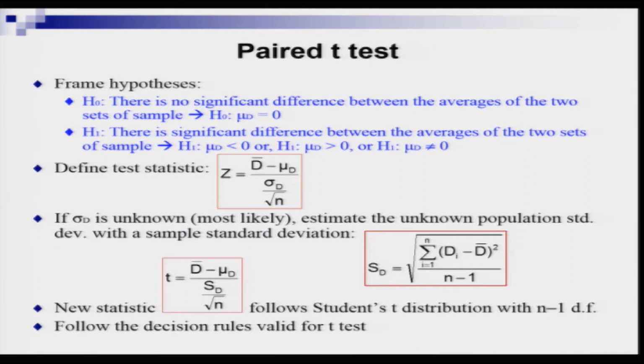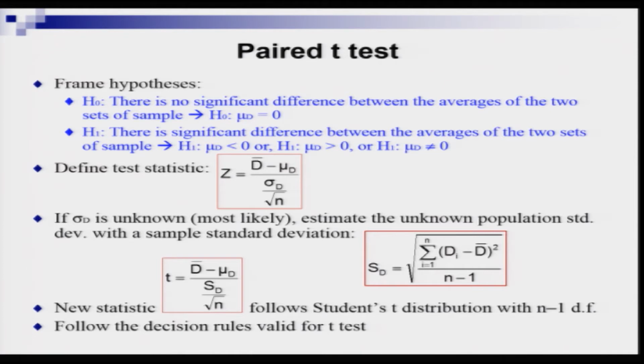So, now in this case you have to define the test statistic as the next step, and here is the test statistic, that is basically a z score, and then you have d bar, that is the sample mean of the difference variable d, and then you have to take the difference between the sample mean of d and the population mean mu d.